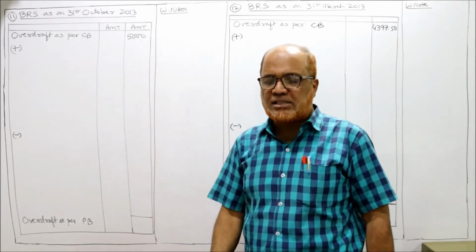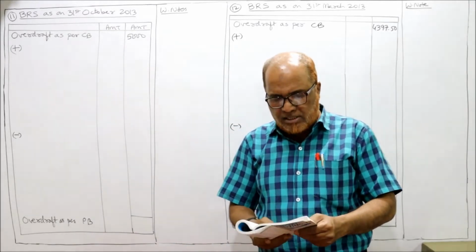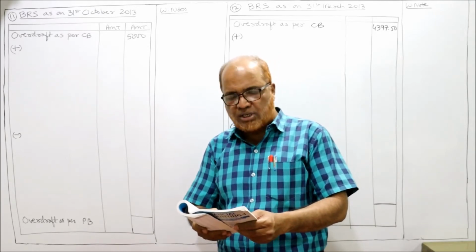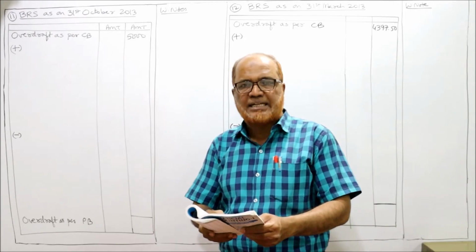Now what are the discrepancies? First one. It is discovered that a check of rupees 500 deposited into the bank is uncredited in the passbook up to this date.